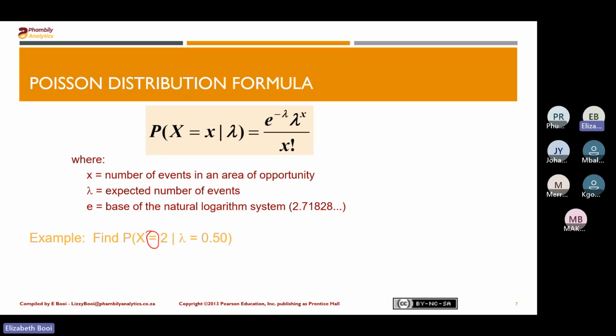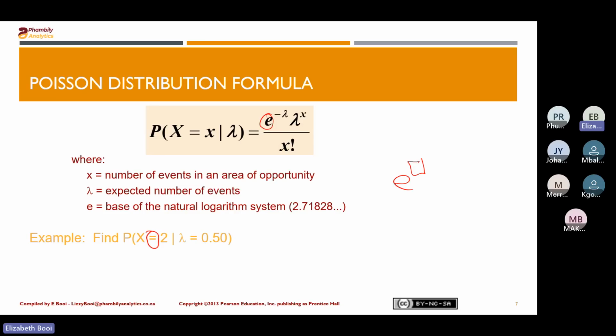Now, when you look at this e to the power, on your Casio calculator, you will have to press the shift button. It will have a block on it. That's the value you're going to use to calculate the e.